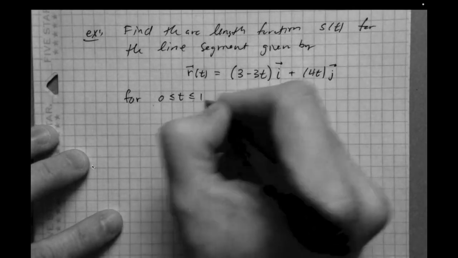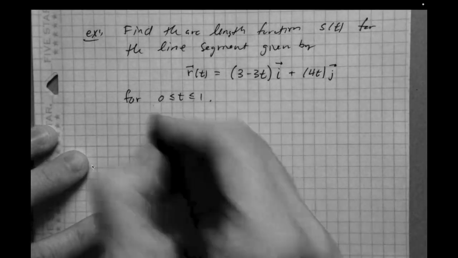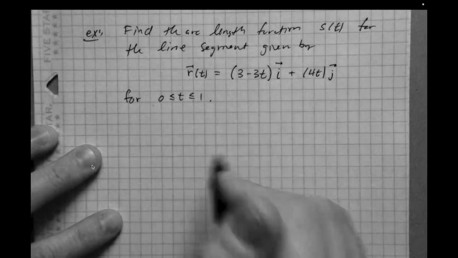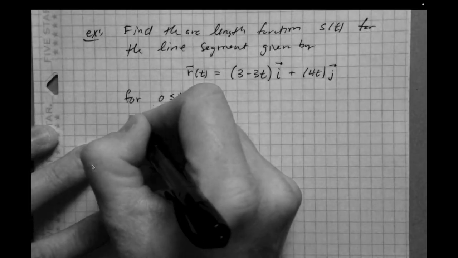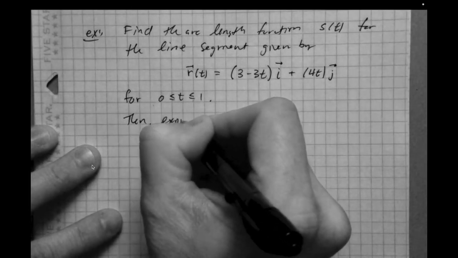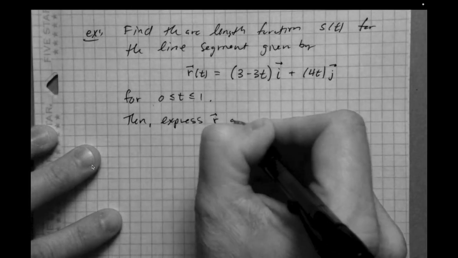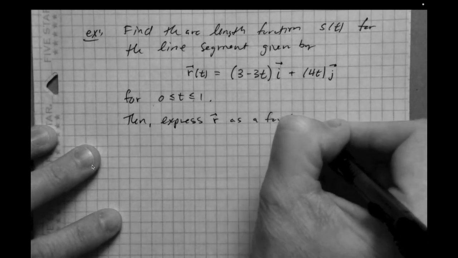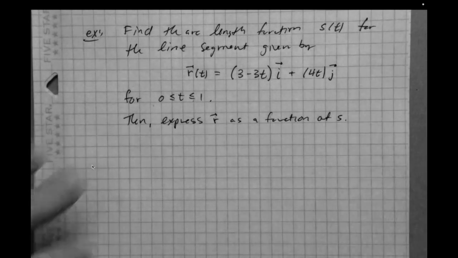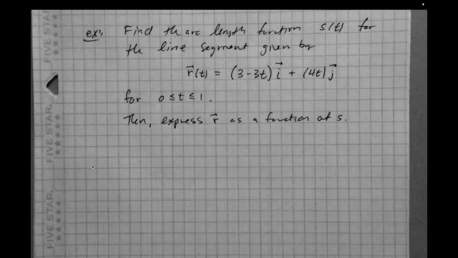Okay, and secondarily, once we've done that, let's express r as a function of s. So once we have the arc length function, let's plug the arc length parameter into r.